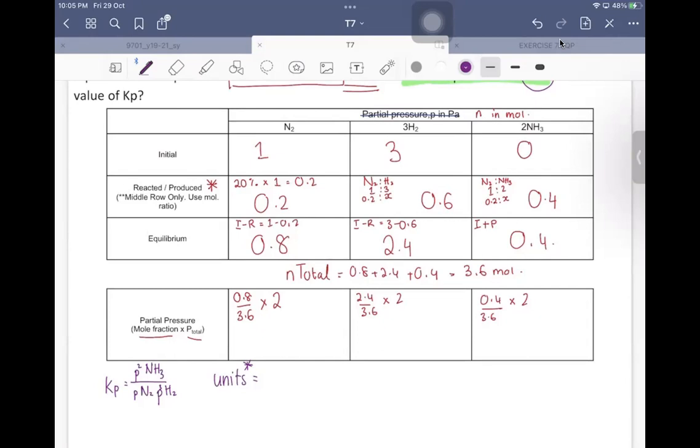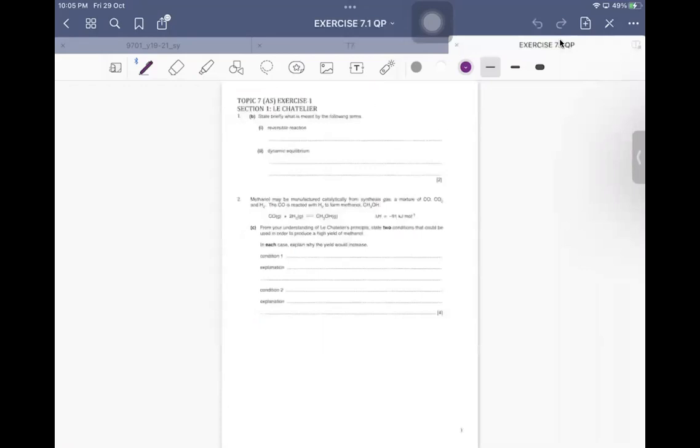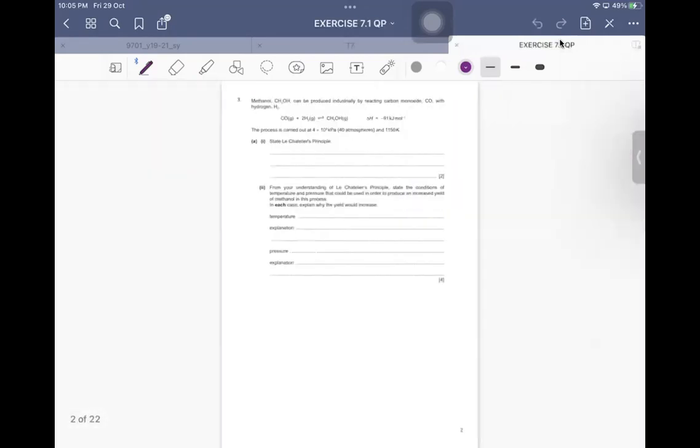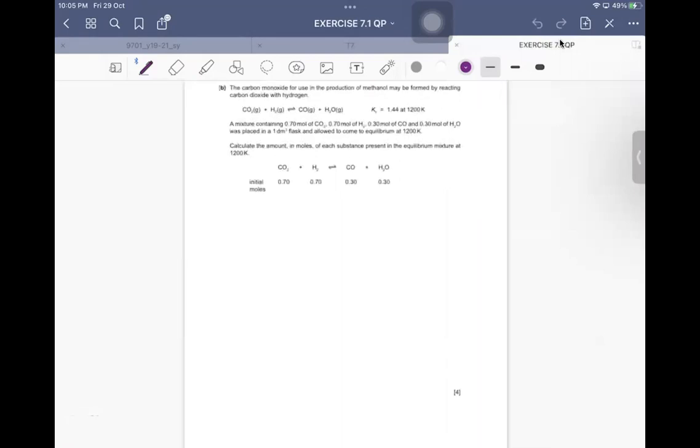If you have printed out exercise 7.1, you can take it and put it in front of you now. If you don't have it, you can pause the video, print it out, or refer to it on your device first. But I want to work with you question 3B.